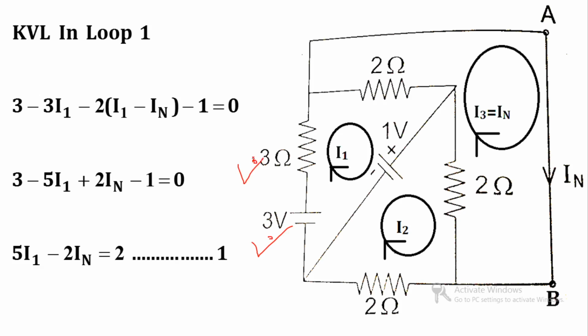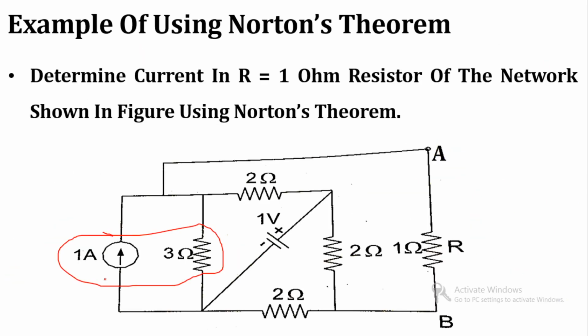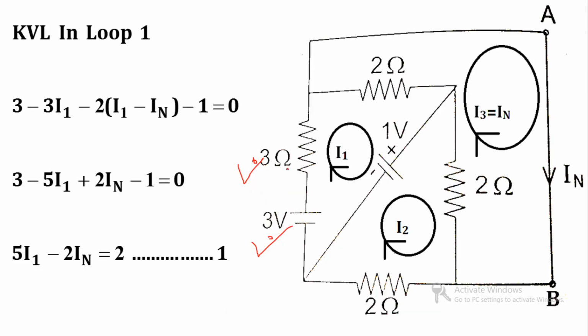Clear? That you can simply do, it is no big issue. So this current source with parallel resistance, by using the source transformation theorem, I have replaced with a voltage source with series resistance.